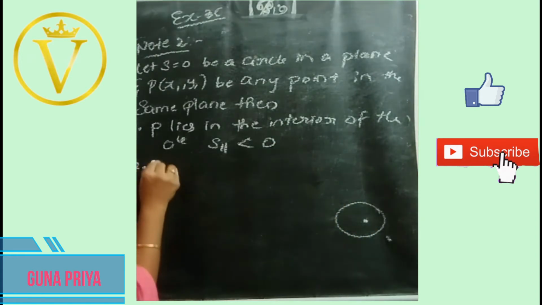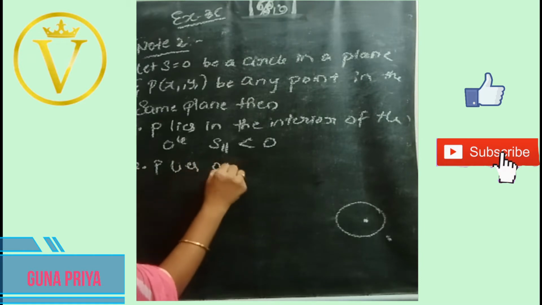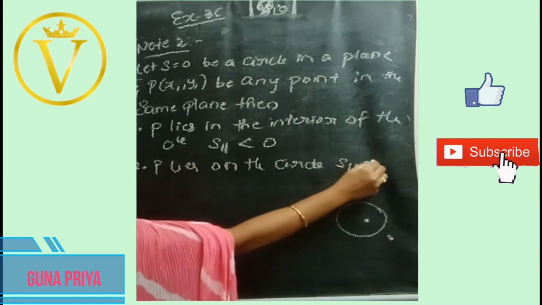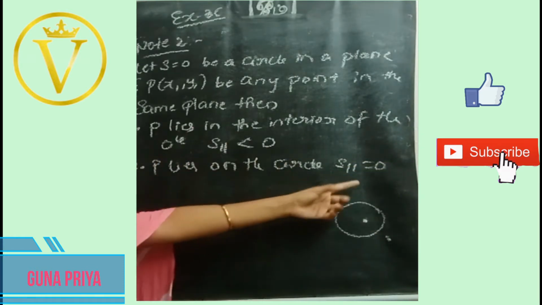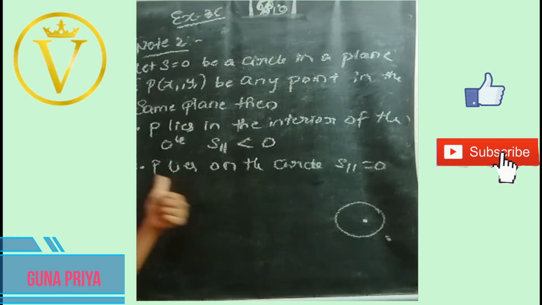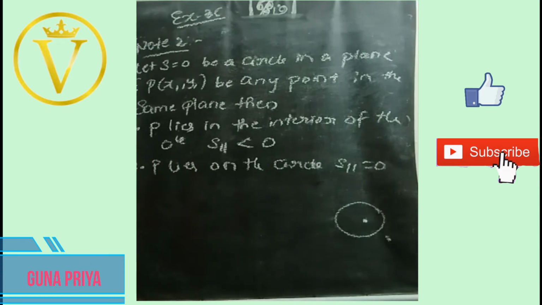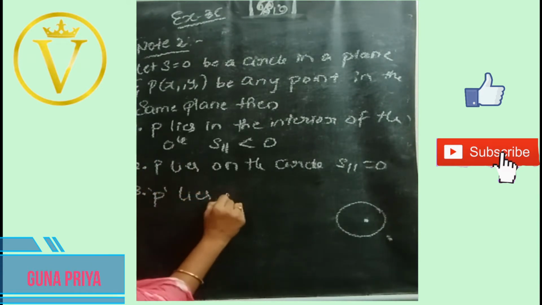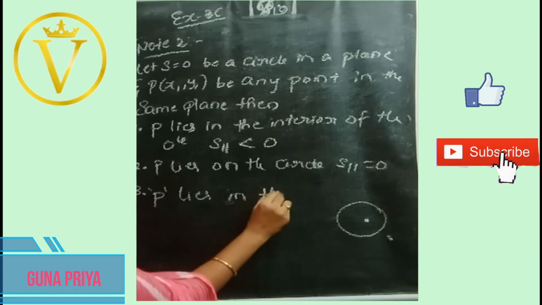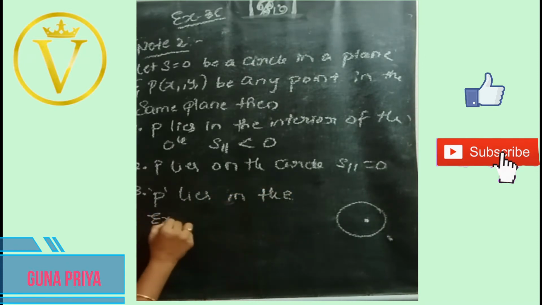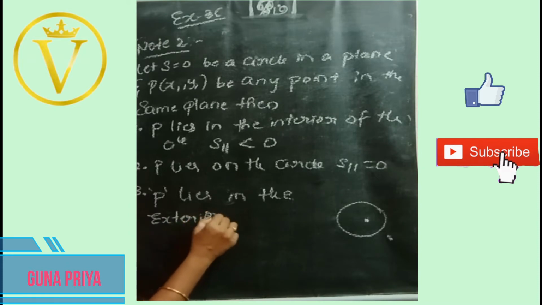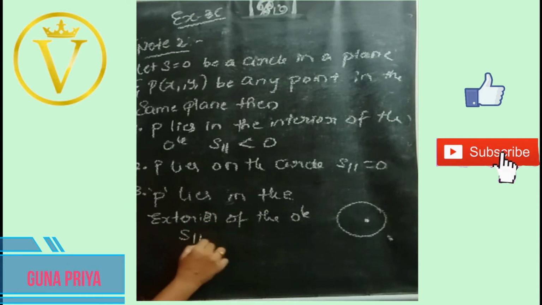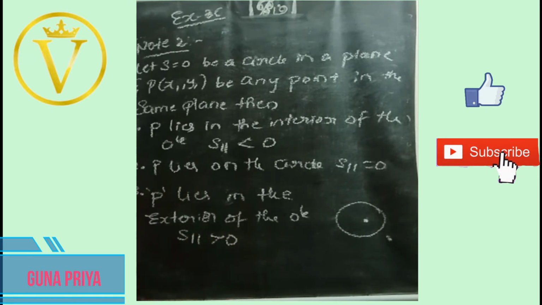Now our second point: if P lies on the circle, it means S11 equals to 0. If S11 becomes 0, the point lies on the circle. And if P lies in the exterior of the circle, then S11 will be greater than 0.